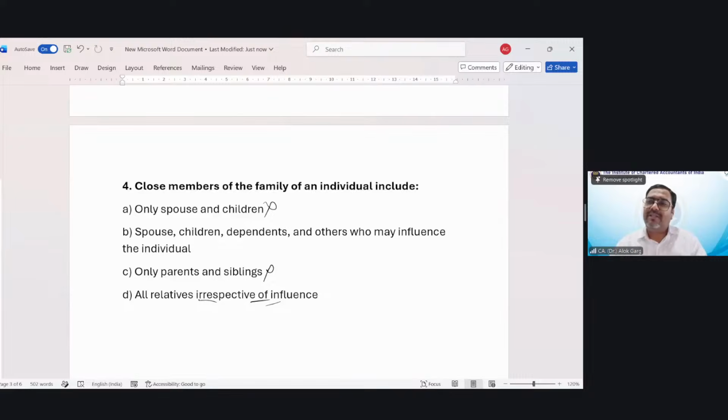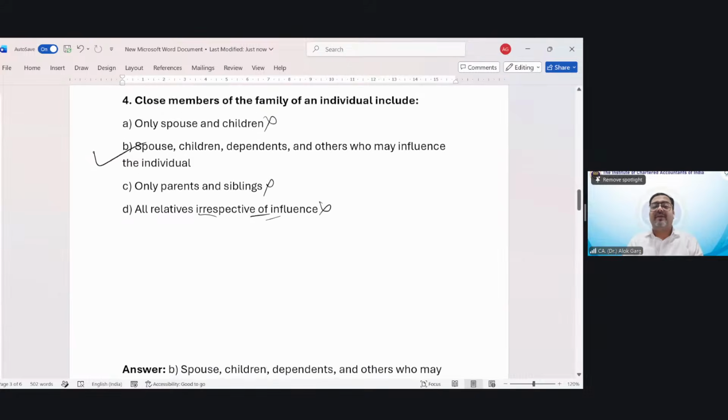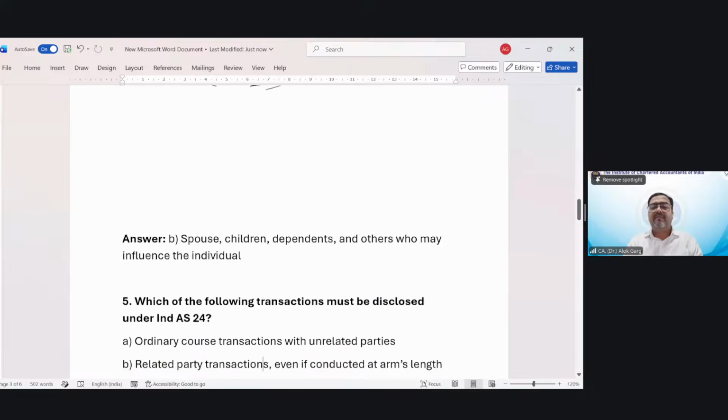Whether father-in-law, mother-in-law, brother-in-law, sister-in-law, are these also close members of the family? Saminathan, only if they are dependent, right? So B is the right answer: spouse, children, dependents, and others who may influence the individual. The most appropriate answer is B.